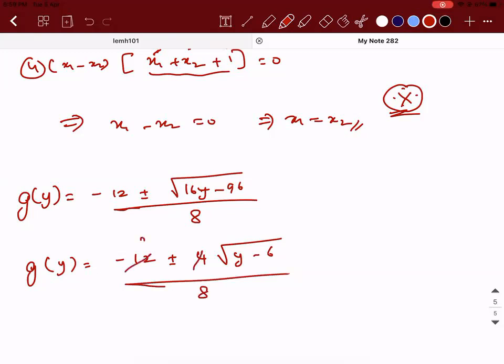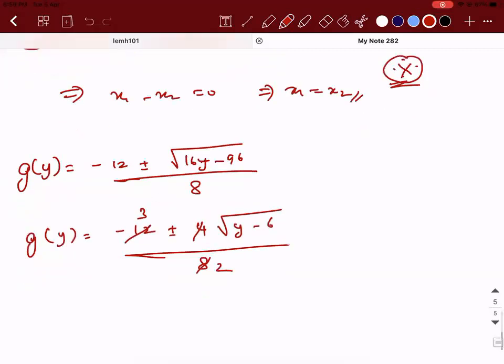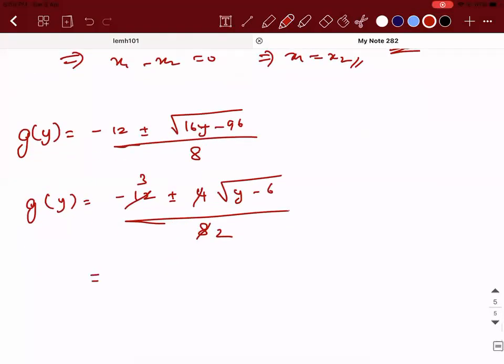So this 3 times, this will go 2 times. So I'll have root of y minus 6 plus or minus root of y minus 6 minus 3, the whole divided by 2. Then what is the least value of y that you can substitute? Here the negative values are supposed to be removed, right? So it is going to be root of y minus 6 minus 3 divided by 2. This is what g of y is.